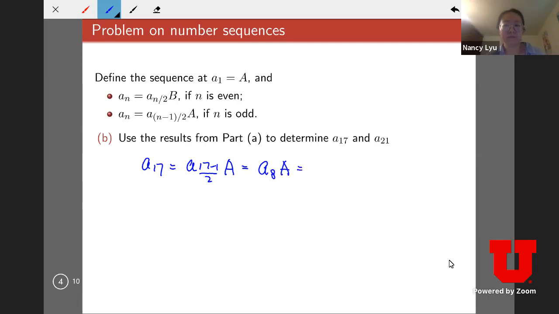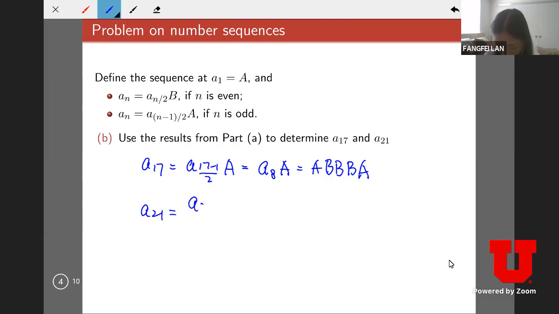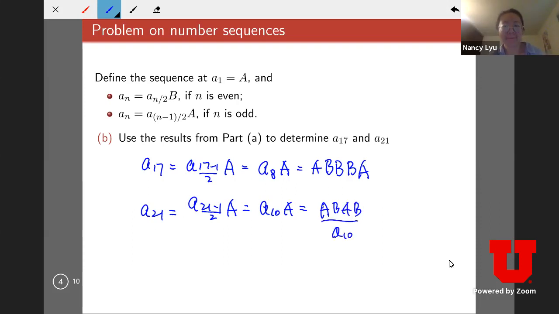And based on our calculation before, A8 is ABBB, and we add an A at the end. So that's A17. And then A21 is A21 minus 1 over 2A. Again, 21 is an odd number. So we have A10A. This is A10, and then A at the end. Make sense?